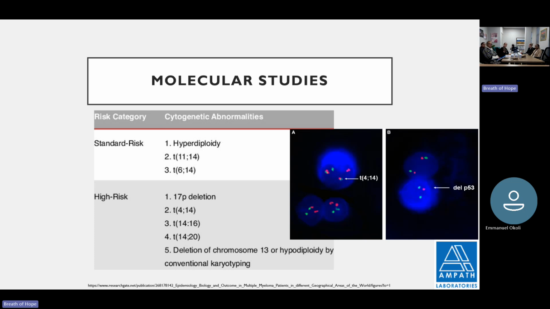What FISH does is, you can see that these two are not correlating to one another, but a mutation was detected. You can see they're close to one another. It shows that a part of chromosome 4 and 14 has fused, causing these mutations. And with the P53 lesion, here we can see it's the small arm of chromosome 17. Only one is picked up with 2 green pieces, so it shows there's a deletion of that part of the chromosome.